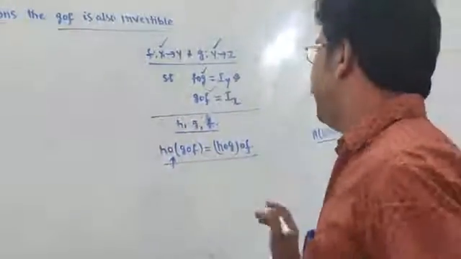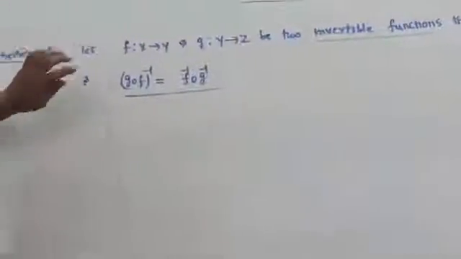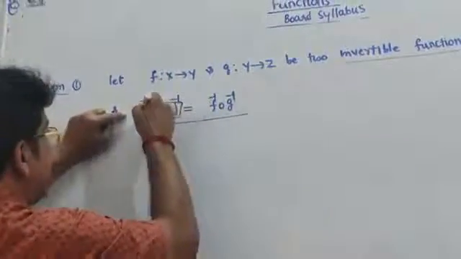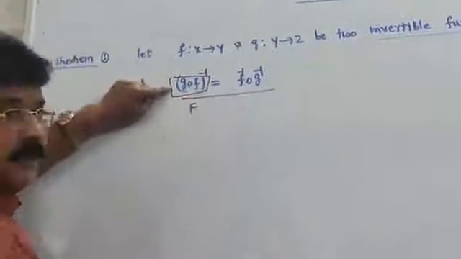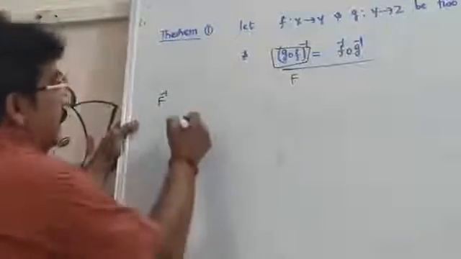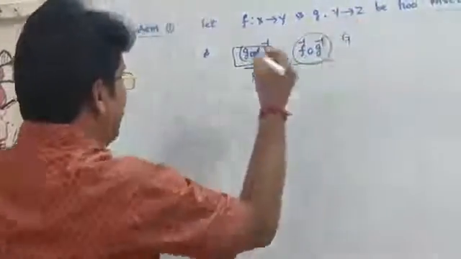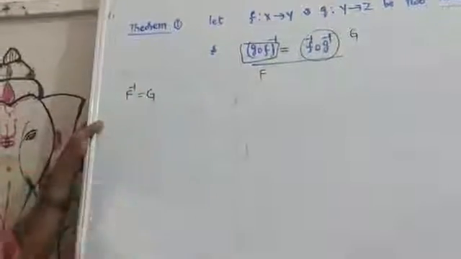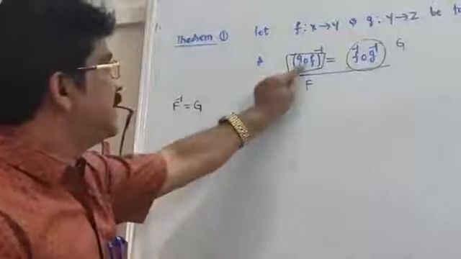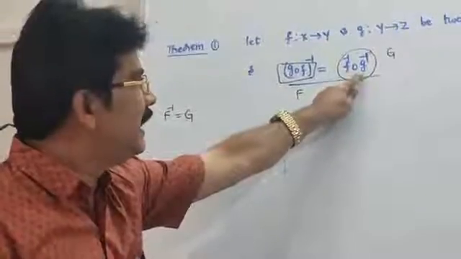Next, you come here. Suppose this is, say, capital F. Means what? LHS is F inverse, which is equal to, say, this total G. Then F inverse equals G, we have to show like that, where capital F equals g circle f and capital G equals f inverse circle g inverse.